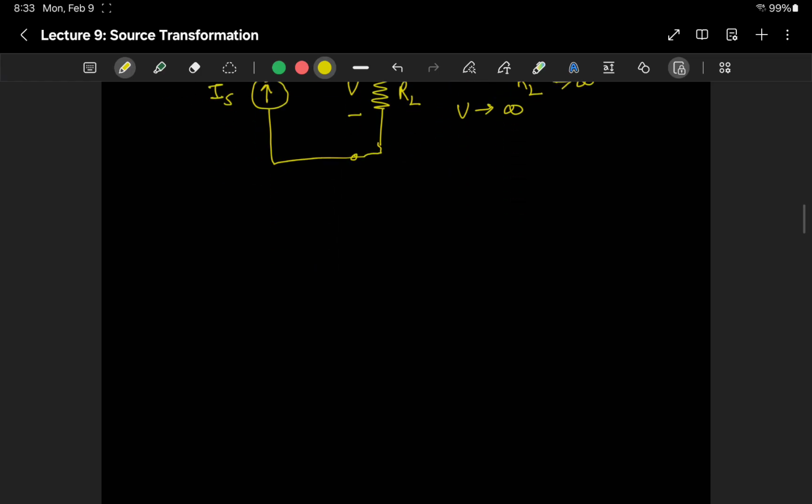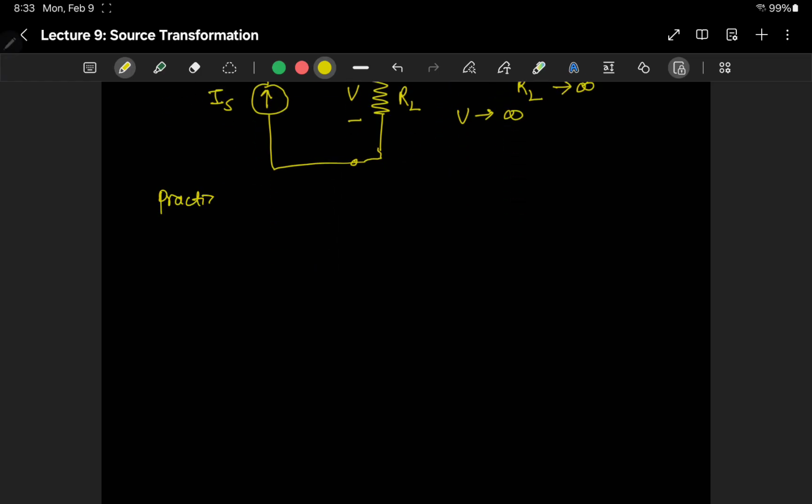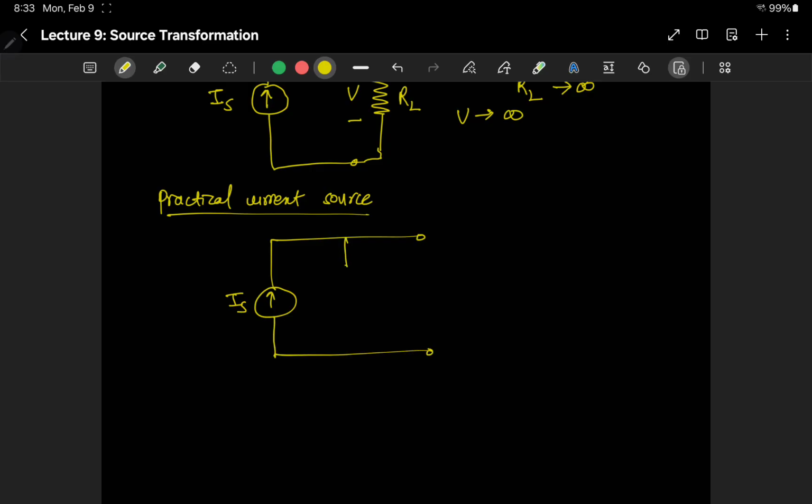That makes the practical current source, which is written as this. You have a current source Is, and a source resistance Rs in parallel to the current source.